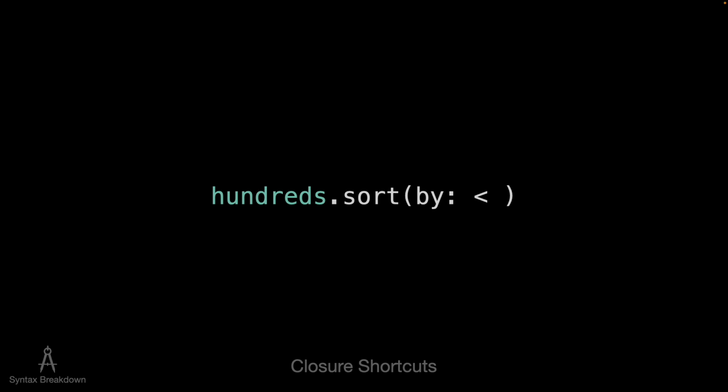So if those two elements have an operator overload defined for them, that is to say, if you have two ints and you can use the less than operator between them, if you have two strings and you can use the less than operator, you can use the greater than operator, you can use the less than or equal to, etc. Then you can just pass it the operator. And it knows, oh, cool, okay. So all I'm doing here is taking this operator and applying it to the two elements that I'm comparing while I do my sort.